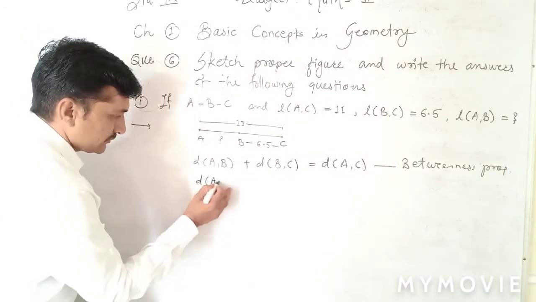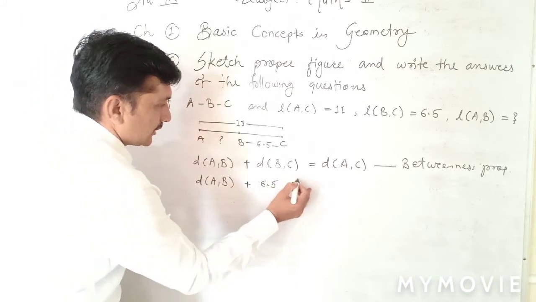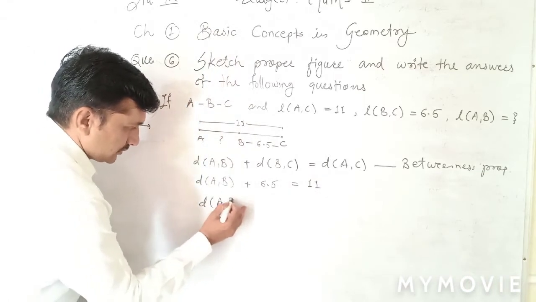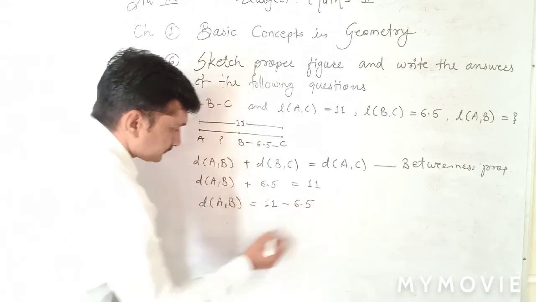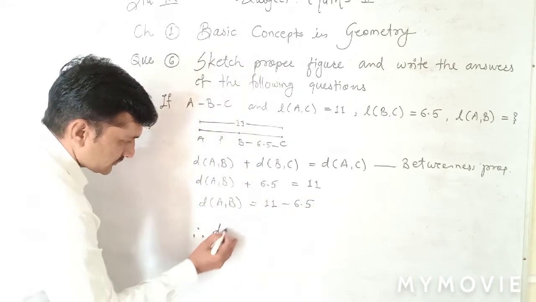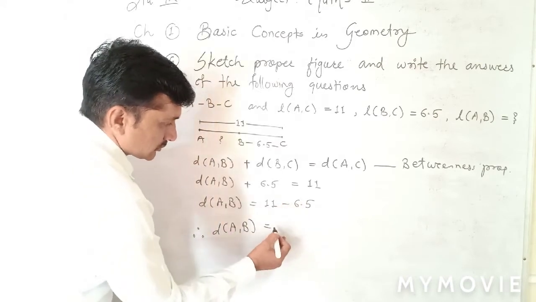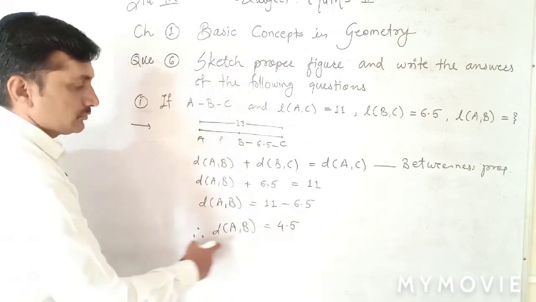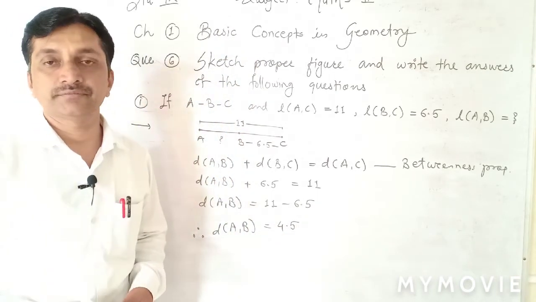Distance AB we have to find, BC is 6.5, AC is 11. Distance AB is equal to 11 minus 6.5, and therefore distance AB is, by subtraction, 4.5. This is the value of distance AB.